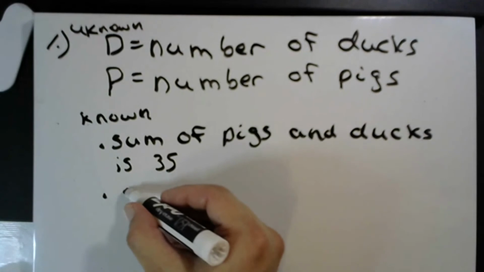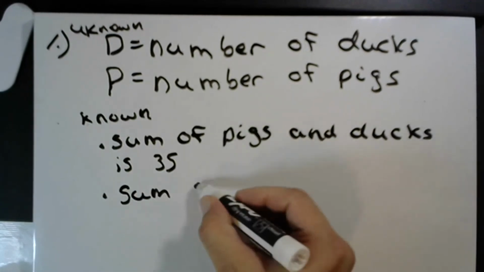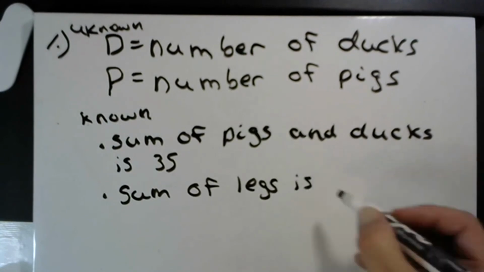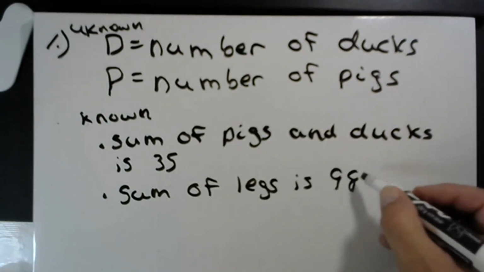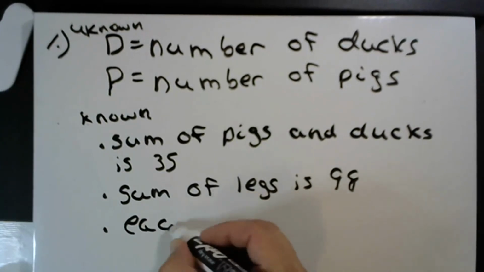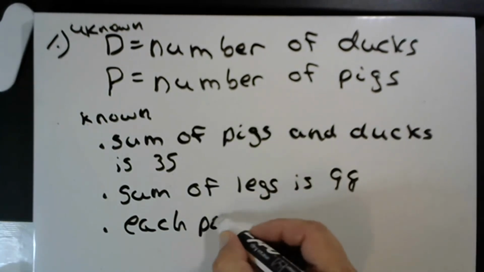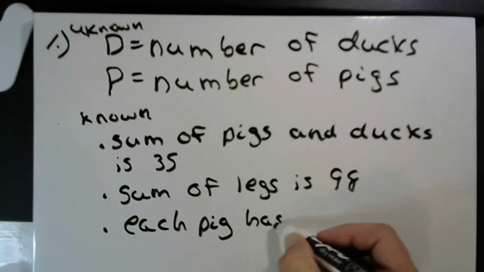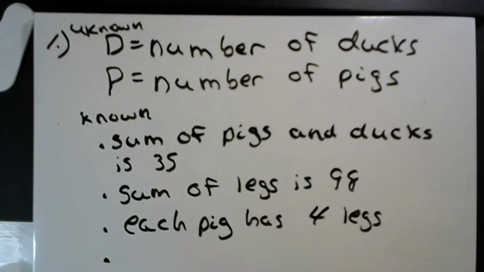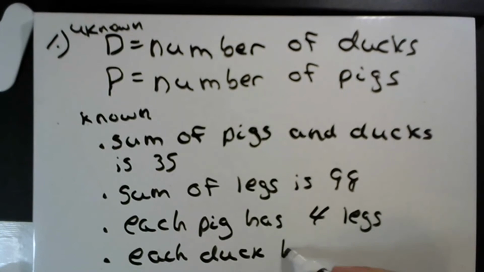We also know the sum of legs is 98. Each pig has 4 legs. Each duck has 2 legs.